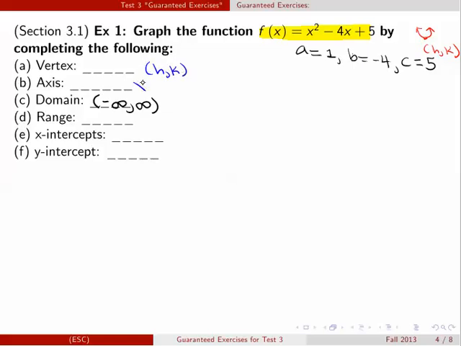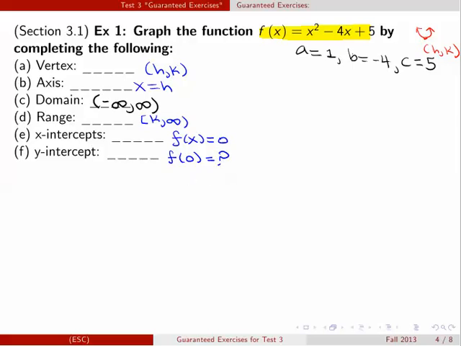The axis of symmetry is x equals the h number, and the range, you can see the lowest y value is given by k. The x-intercepts, you find them by solving this equation, and the y-intercept is you plug in the value 0. Okay, and then you're looking for this number. Okay, so let's get started.